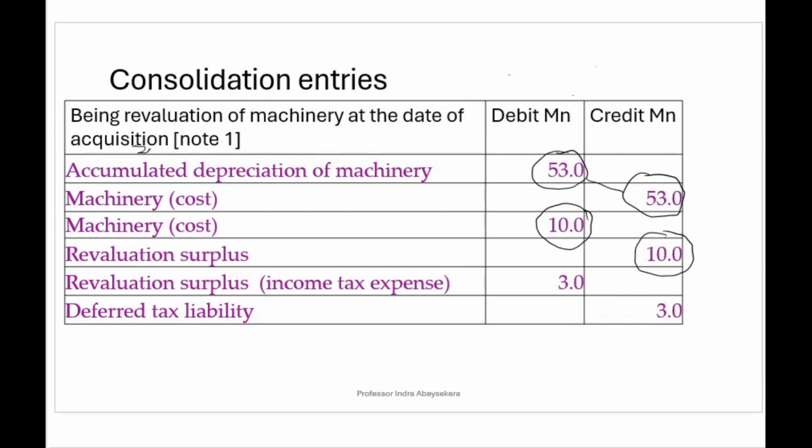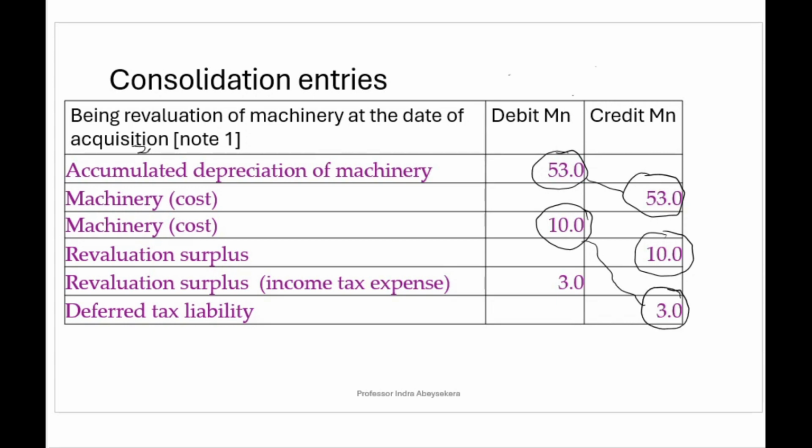We increase the carrying value of the asset by 10 million in relation to the tax base. Carrying value is higher. That is the taxable difference, and applying the tax rate gives us the deferred tax liability.